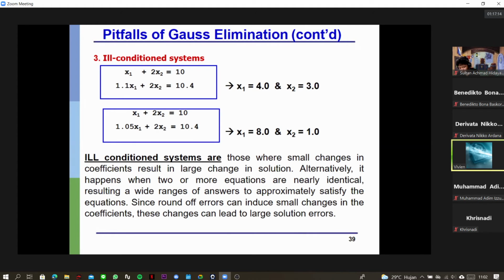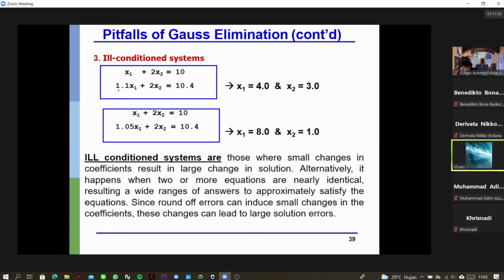And also if we have an ill-conditioned system. Such as, for example, this one: say we have a first system, which is x1 plus 2x2 equals 10.